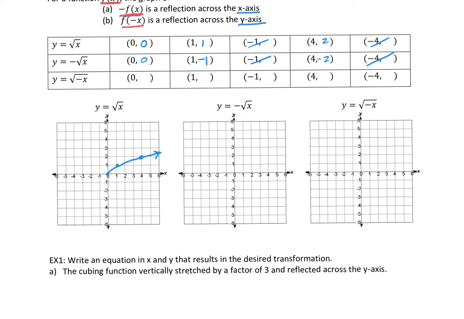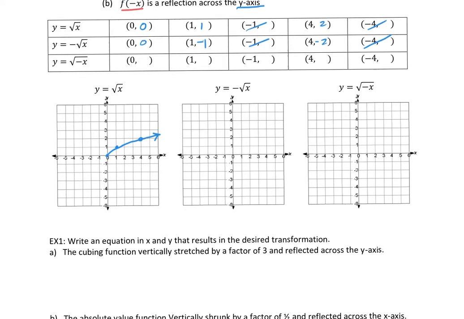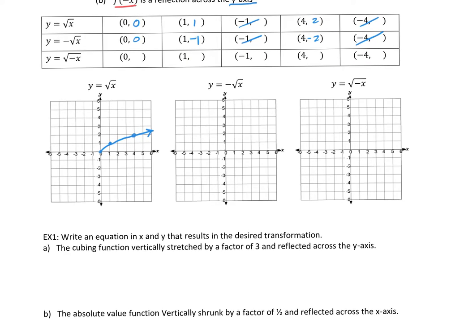So since the negative is on the outside of the function, by that definition, I think it's going to reflect across the x-axis. So reflect across just means mirror image. Let's see if that's what happens. 0, 0, 1, negative 1, 4, negative 2. Yes, it reflected across the x-axis.